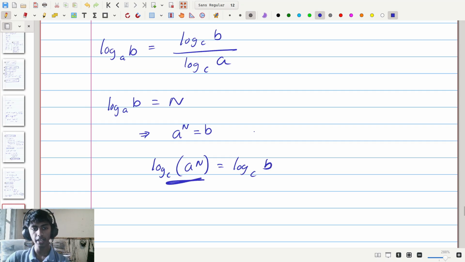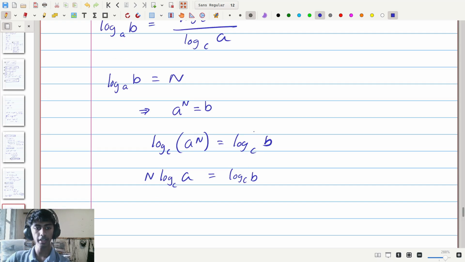Now, on the left hand side, using the identity we found a while back, that the logarithm of a power will be n times the logarithm of that value, we can write the left hand side as n times the logarithm base c of a, and this is equal to logarithm base c of b for some valid c. So now finally we can see that n is equal to log base c of b divided by log base c of a.